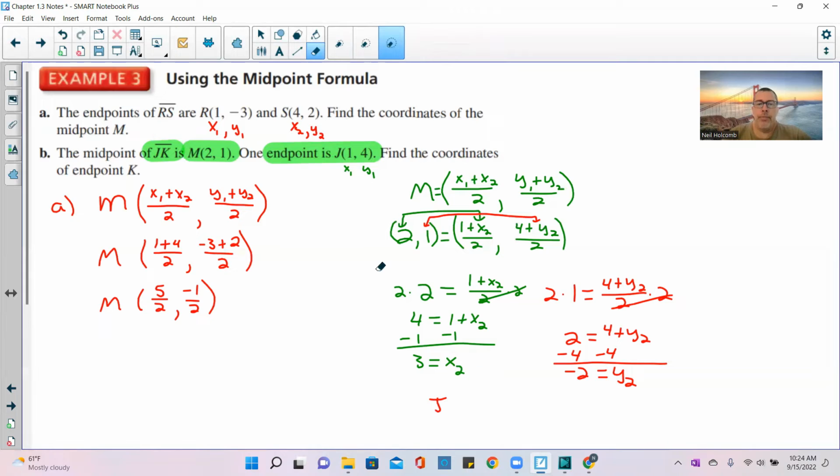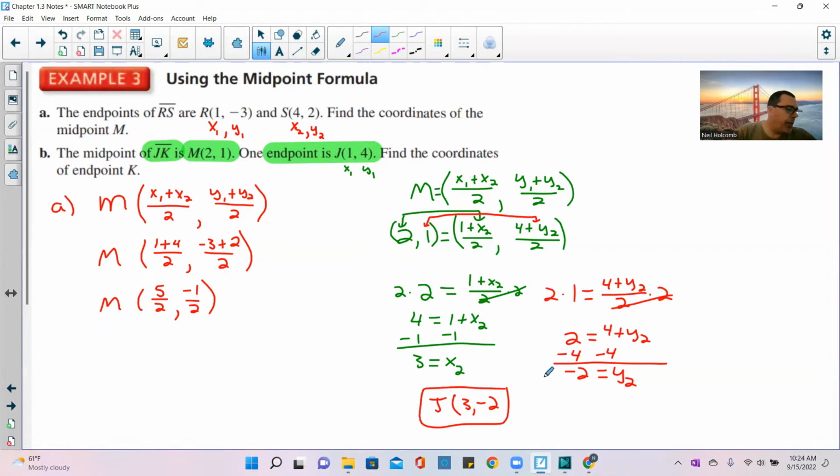Let me just rewrite that. And that is the answer to this portion of the problem: the point 3, negative 2. Oops, close my parentheses.